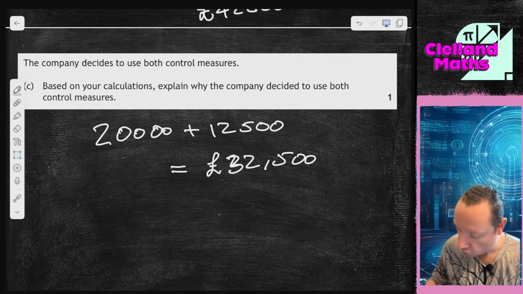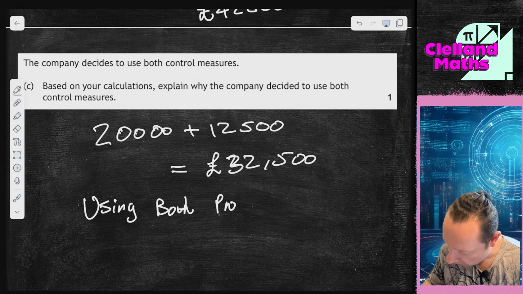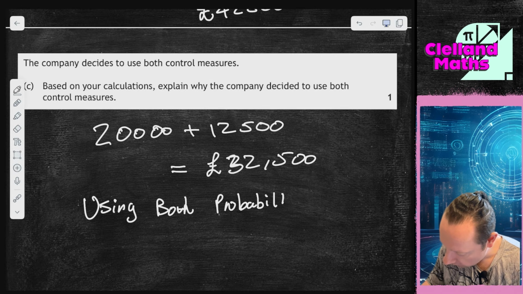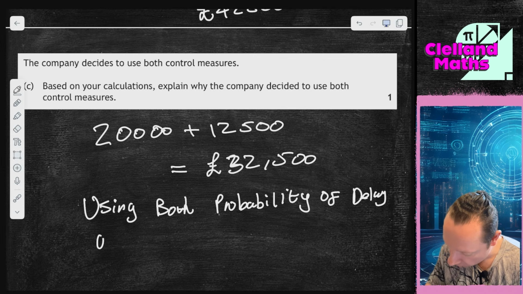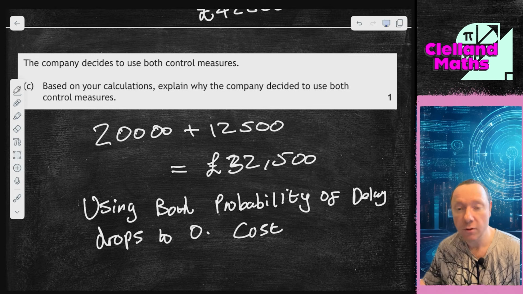So by using both control measures, the probability of delays drops to 0, and that means that the cost would just be the 32,500.